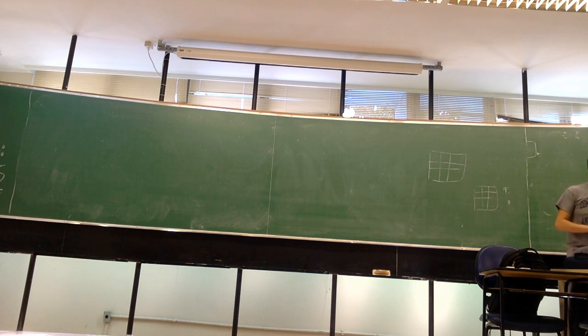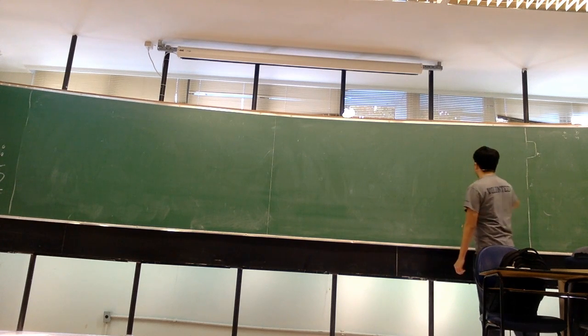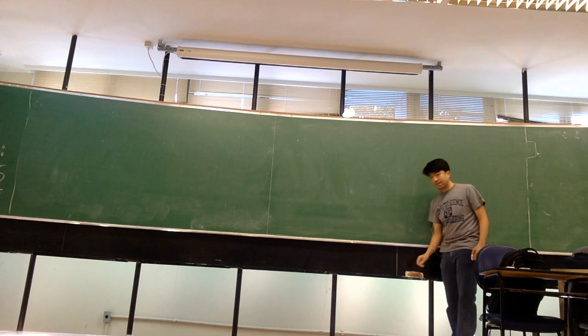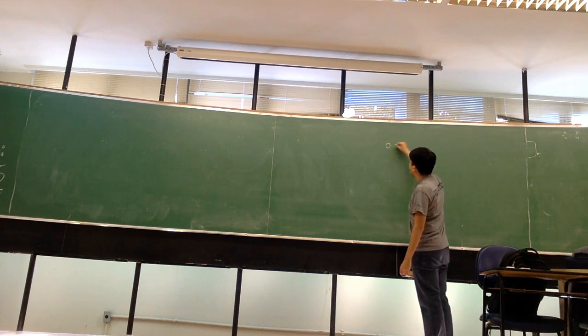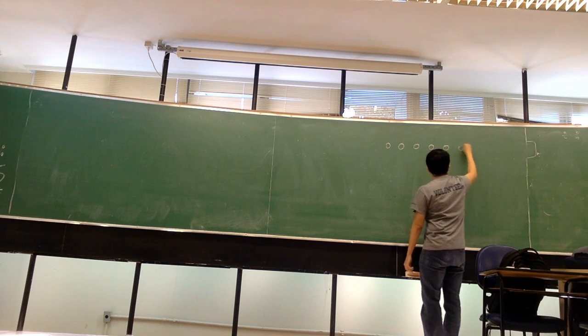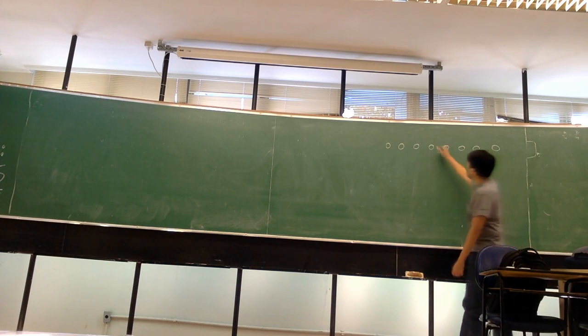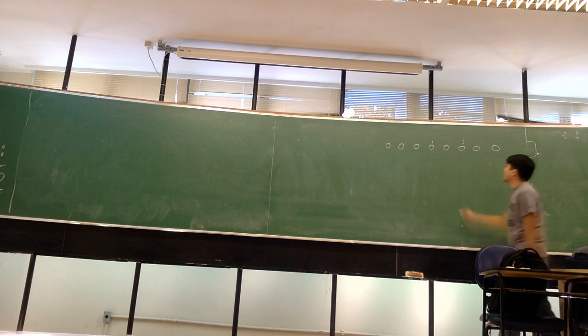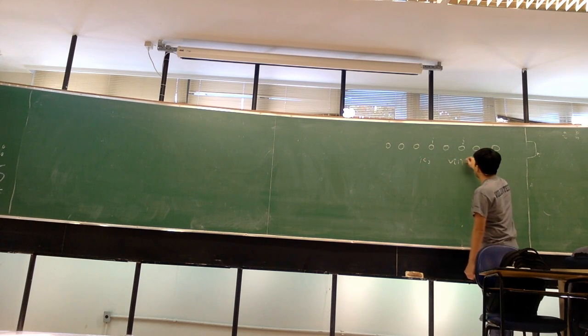Alright, problem G, minimum loss. So in this problem, you are given an array of elements, and you have to find 2 indices i and j such that i is less than j, b_i is greater than b_j, and b_i minus b_j is minimized.